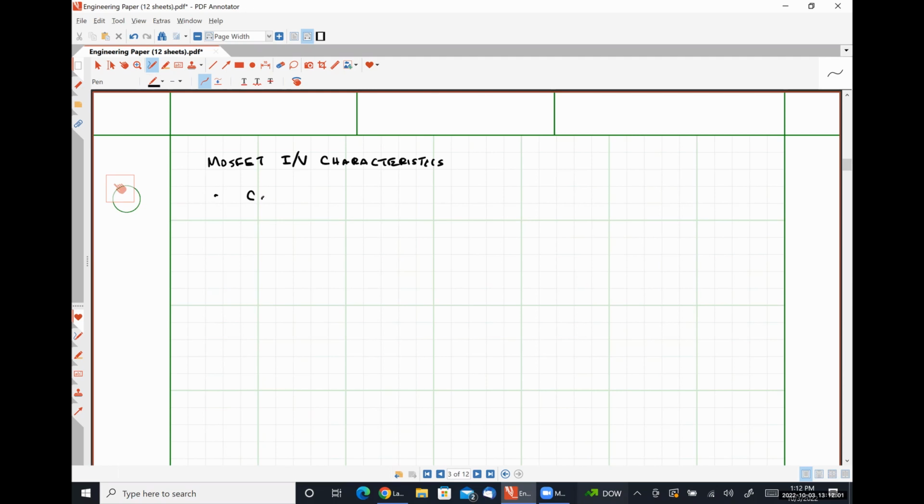So let's consider a semiconductor bar carrying a steady current.